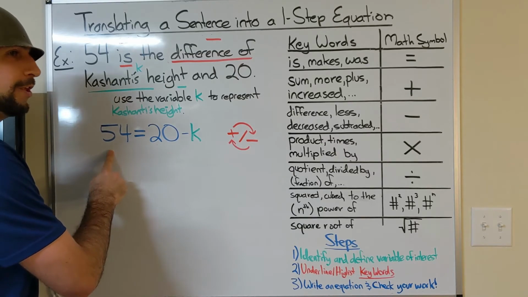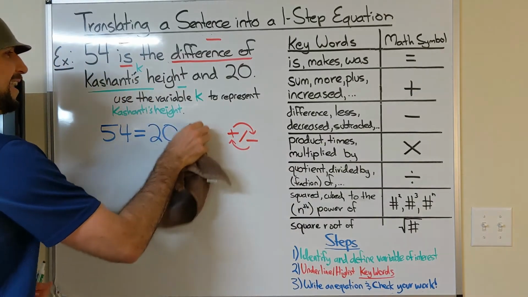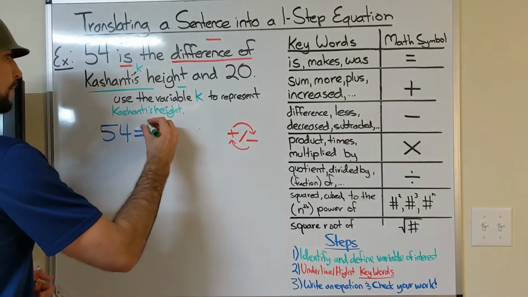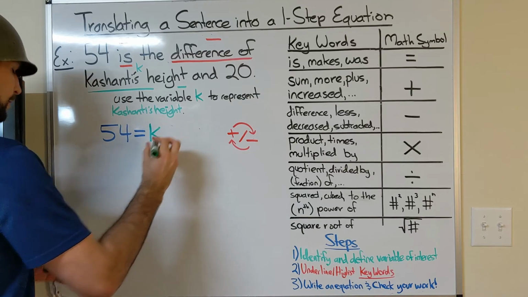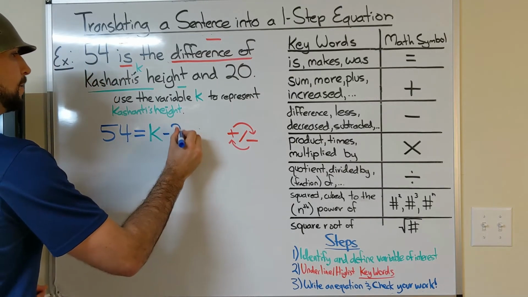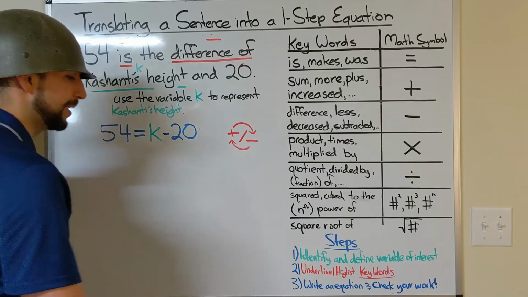Kashanti was 20 units shorter, so it should be Kashanti's height minus 20. Now, let's try solving this and see if it makes sense.